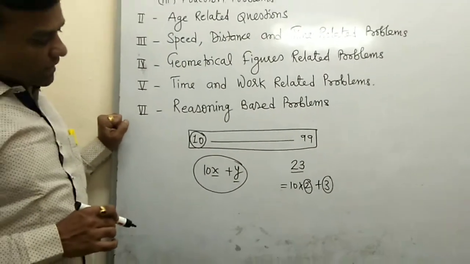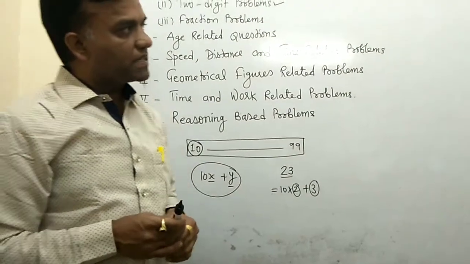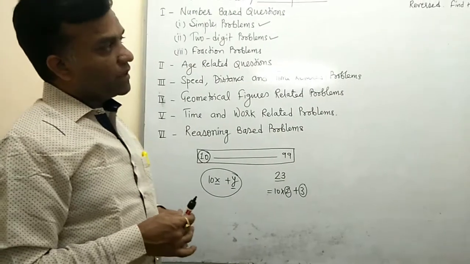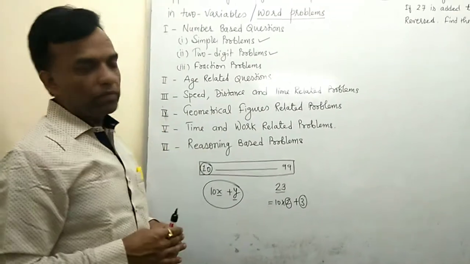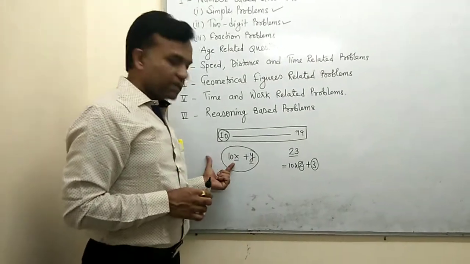So always, if this kind of question is in your reference book or NCERT, then first read the problem, and if the problem has a 2-digit number like this, always consider 10x plus y.